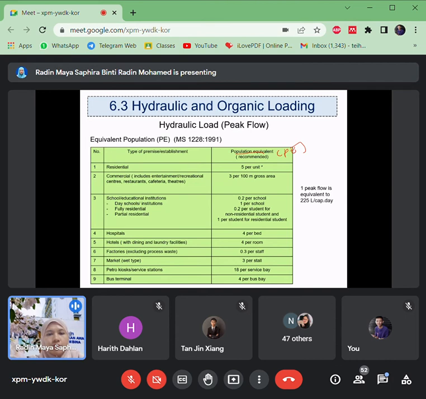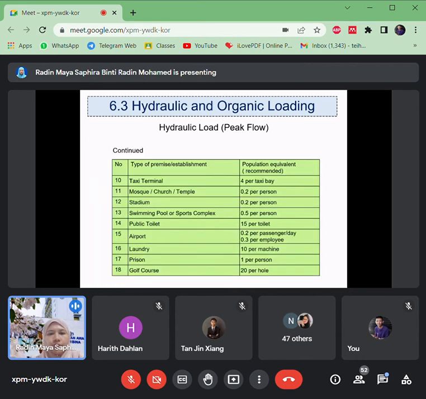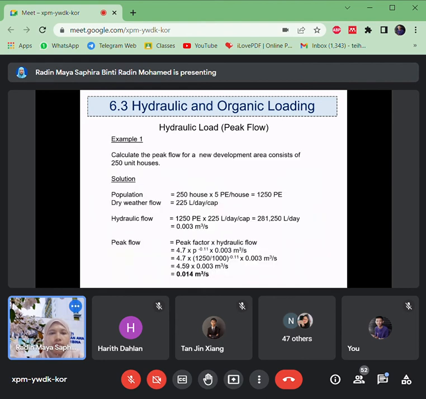Okay, commercial, how much gross area. So this is what we will use to calculate the peak flow. Taxi terminal, mosque, church or temple, stadium, and so on. Airport, so how many, 0.2 per passenger per day or 0.3 per employee. Okay, so this is the number to calculate the peak flow.